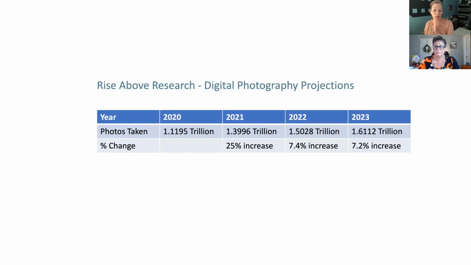They're expecting a 25% increase this year, probably mostly because we're now out and people are taking vacations again and traveling a little bit again. So it's huge, and we're each just a small percentage of that, but we each have how many digital camera devices in our household? I know in our house, we've got 4, 5, probably at least 6 devices that take pictures.